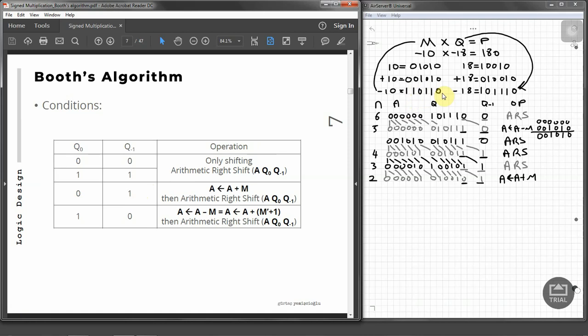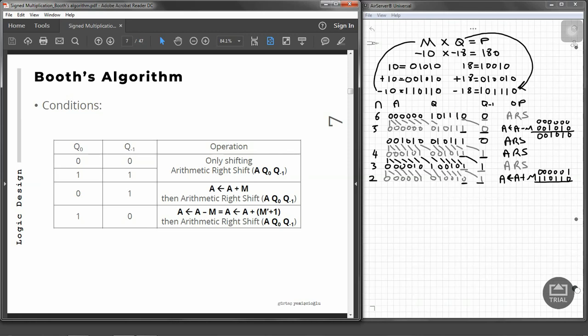So let's write it down. 00001 and we have got 1 1 0 1 1 0, and we have to add those.